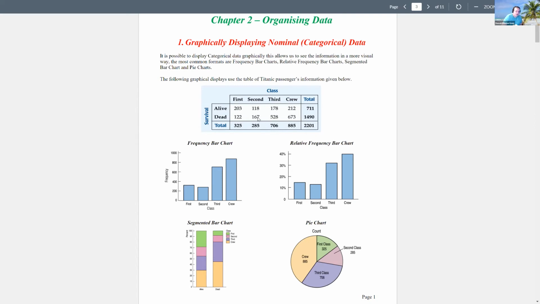And if you look at the second class and then finally the third class, you can see that there is a distinct difference in the survival rate depending on what kind of ticket you had on the Titanic, or whether you were a crew member for that matter, and whether you lived or died after it got sunk.